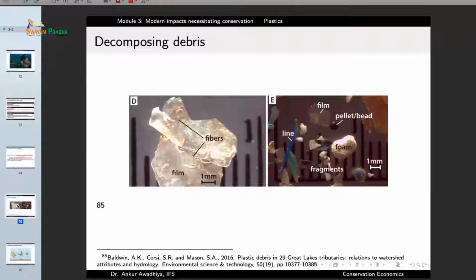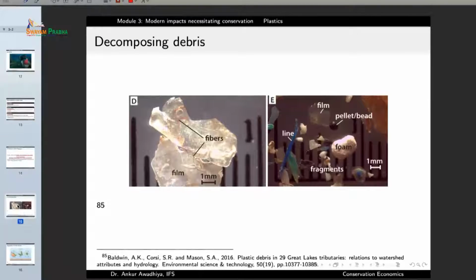But if I have a small piece of plastic, then it is possible that a fish or a bird may confuse this material with food and eat it. So these smaller fragments accelerate the process of plastics entering into the biosphere. So this is how the decomposition occurs.